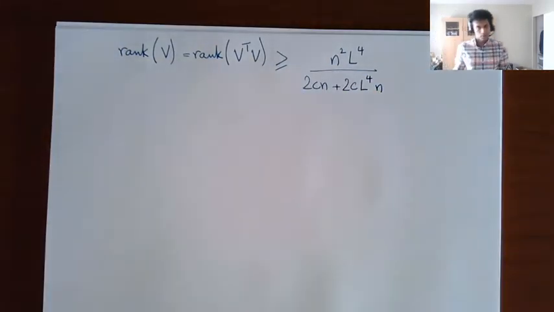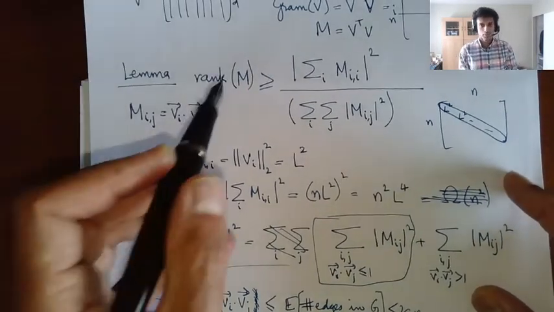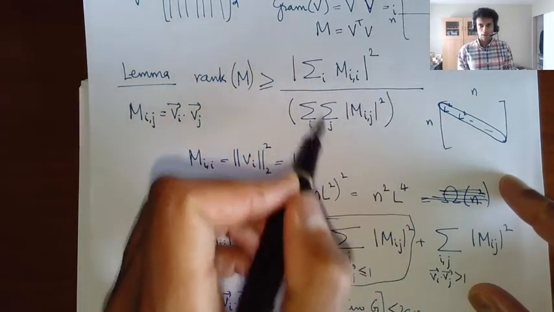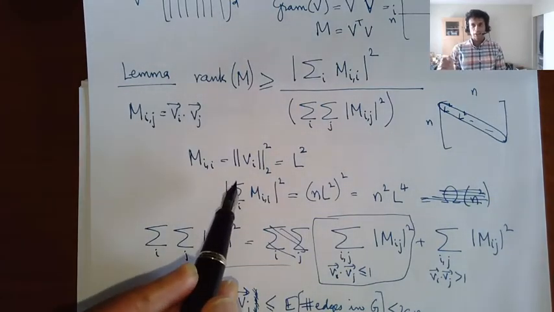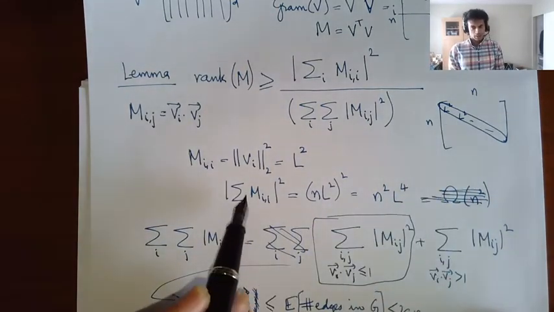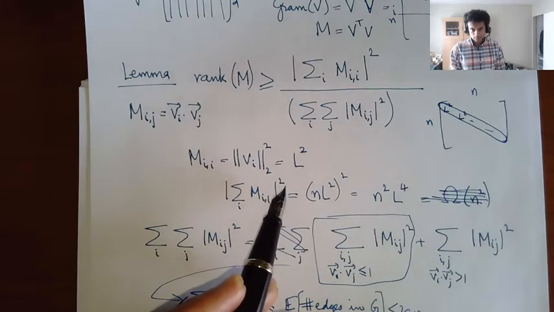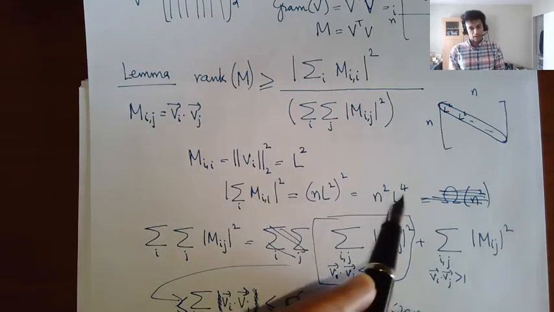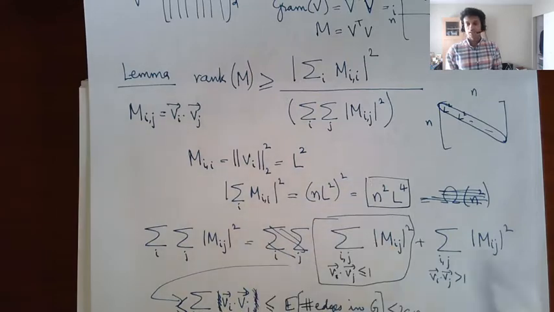How did I get this? Let me put it all together for you. Remember, the rank of the matrix is the trace squared divided by the Frobenius norm squared. How do I get the trace? I know that every diagonal entry is exactly L squared, because it's the length of the vector, and there are n such entries, so that's n L squared. Squaring the whole thing, I get n squared L to the fourth. That is the numerator.